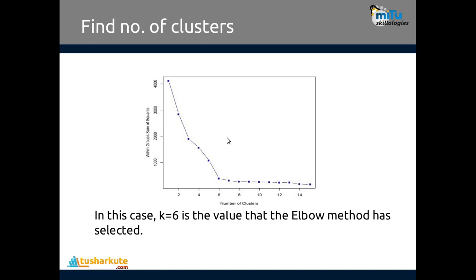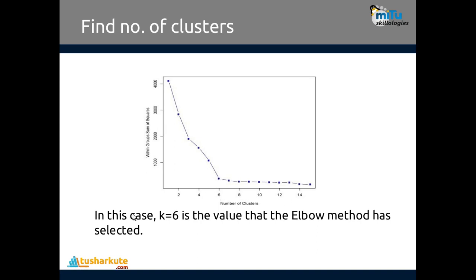Now for k equal to 1, I have almost 4000, then for k equal to 2 it reduces to 2000 or 3000, then 2000, then keeps decreasing. As you go on increasing the value of k, it creates an elbow. Check where the elbow is: at point number 6.